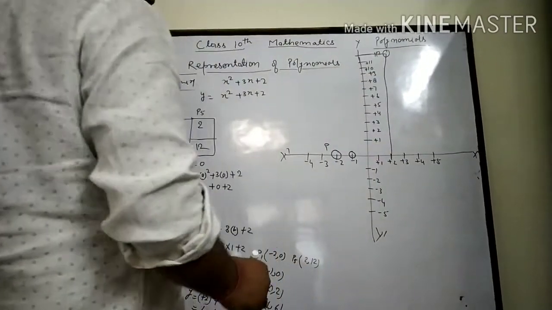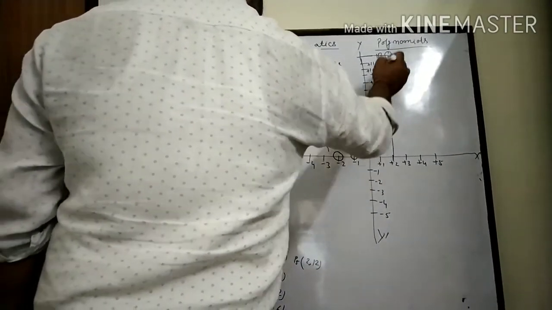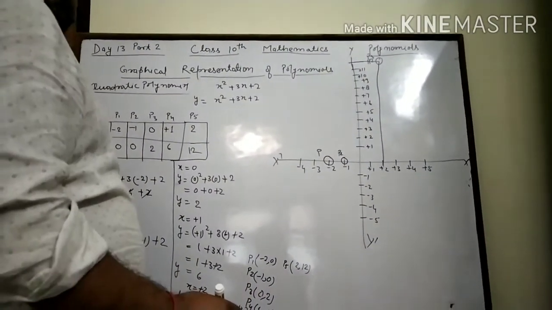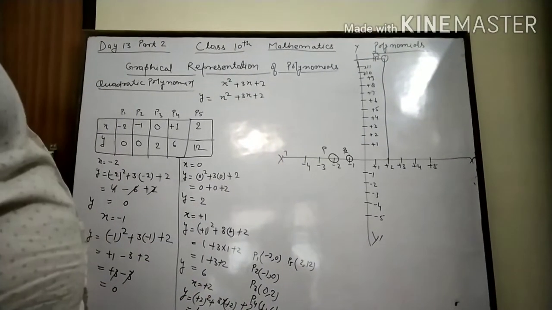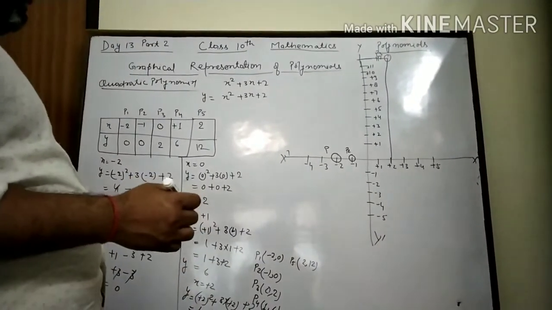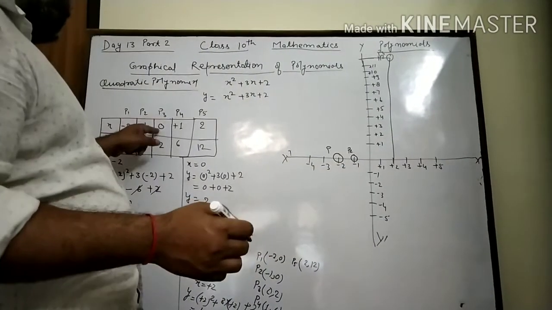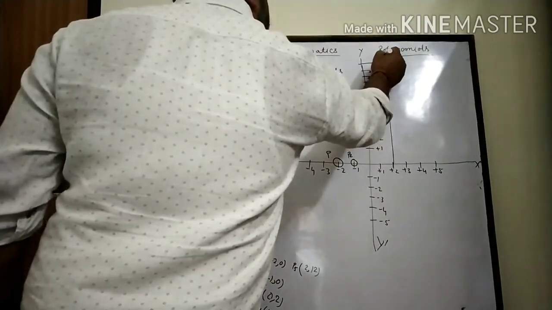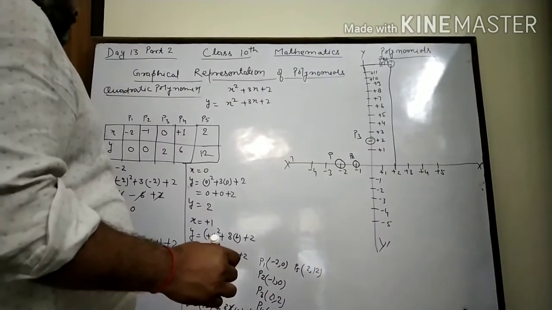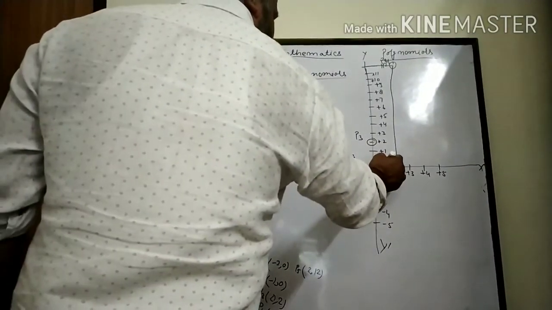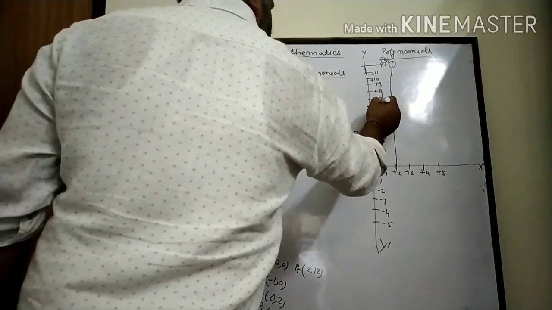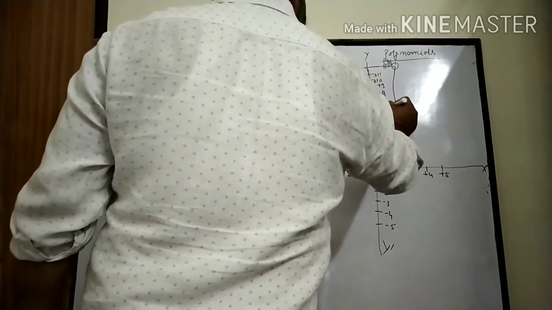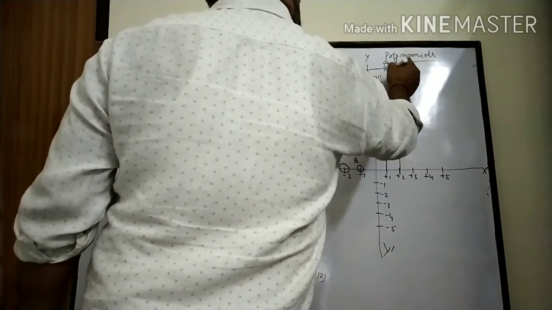P3 is 0 comma 2. Then this point is P3 and this is P4. P4 is 1 and 6. Then we have the points P4 and P5. We join all the circled points.